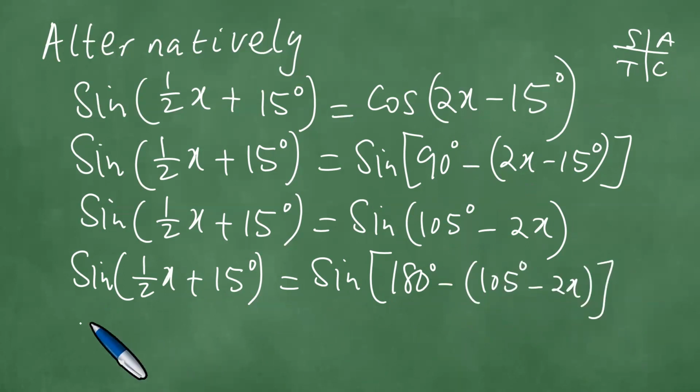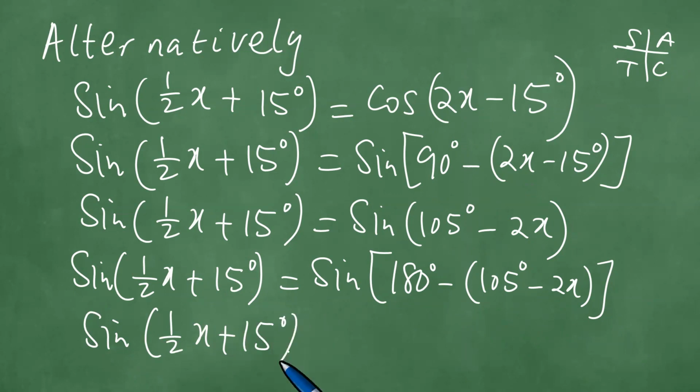Meaning 180 minus 105 is the same as 75 degrees.